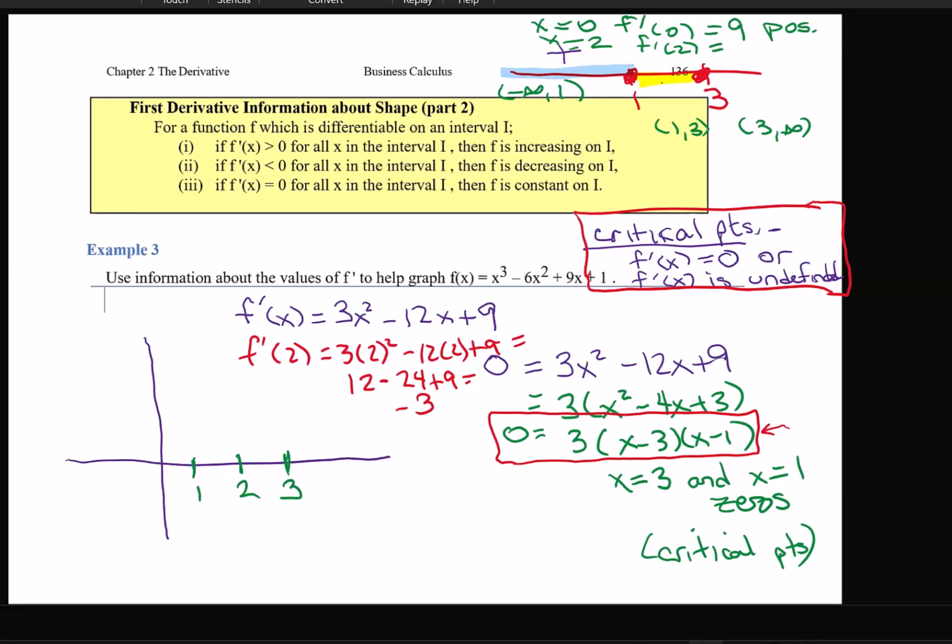I don't care what the number is. I just want to know it's negative between 1 and 3.